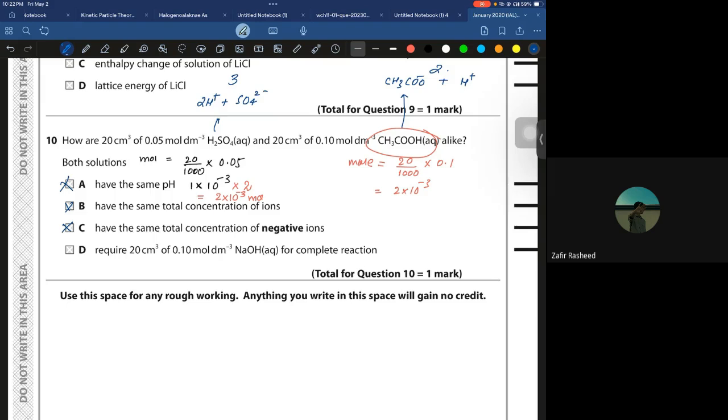We require 20 centimeter cube of 0.1 mole per decimeter cube sodium hydroxide for the complete reaction.